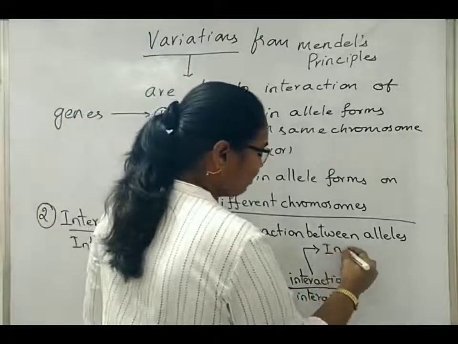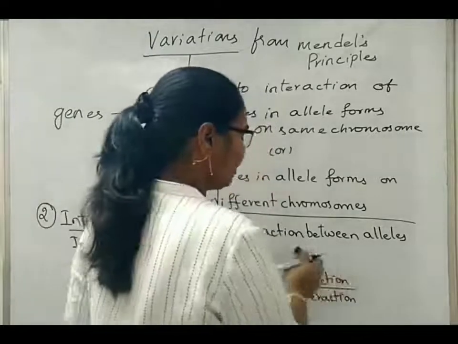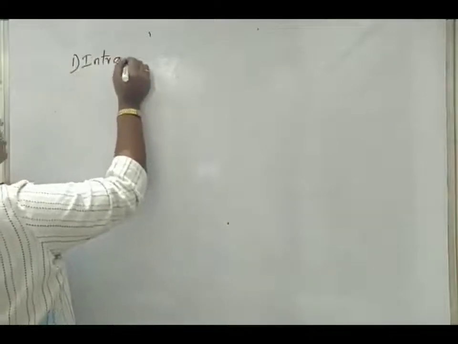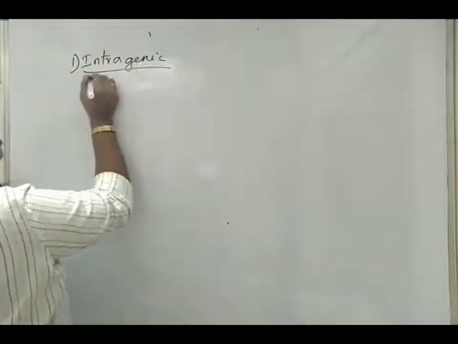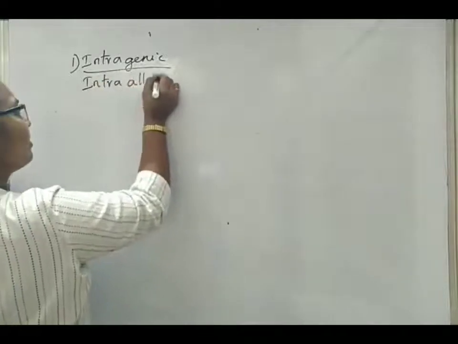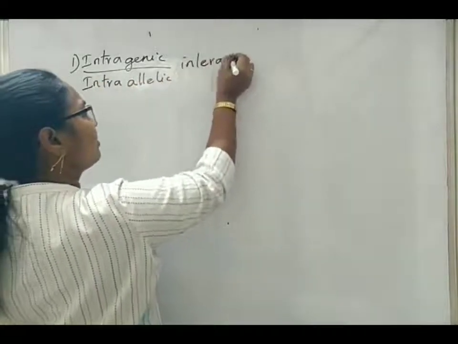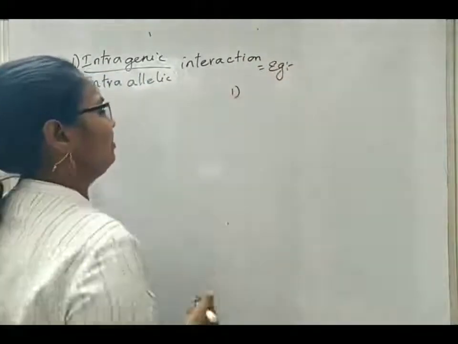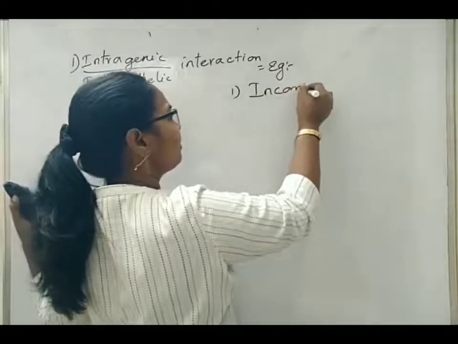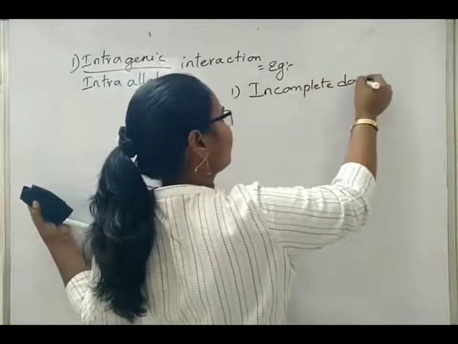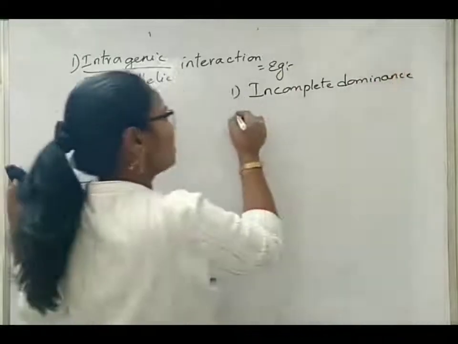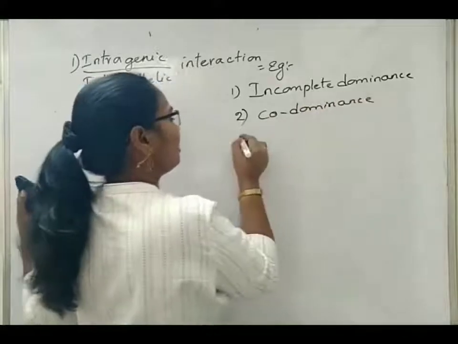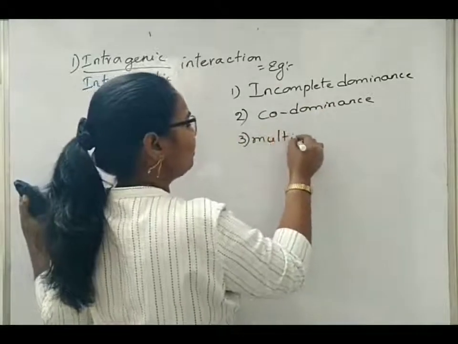Examples are incomplete dominance, which I will write clearly, separately. So here the examples are: 1. Incomplete dominance. 2nd example, codominance. 3rd example, multiple allelism.